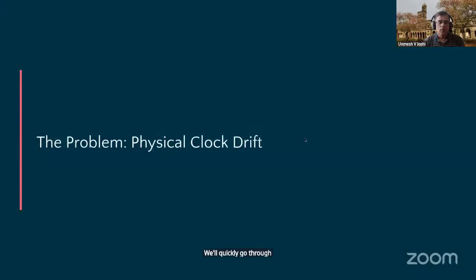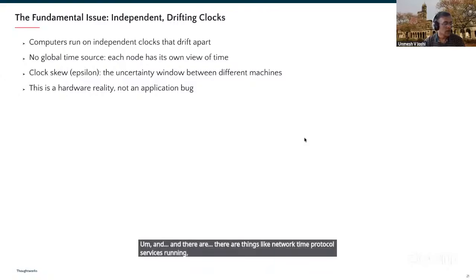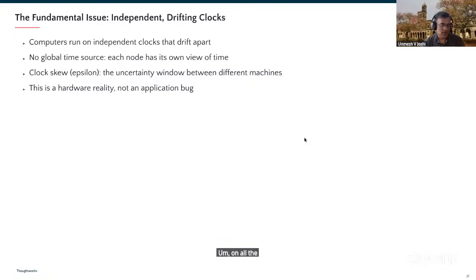We'll quickly go through the problem of clock drift or clock skew across nodes, and then we'll see how to counter that by usage of logical clocks. So clock skew, is everyone aware that there is a clock skew, and there are things like network time protocol services running on all the servers typically.